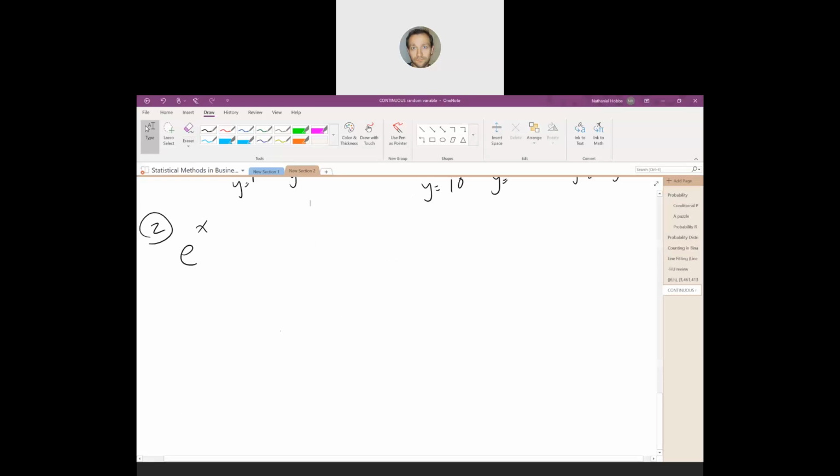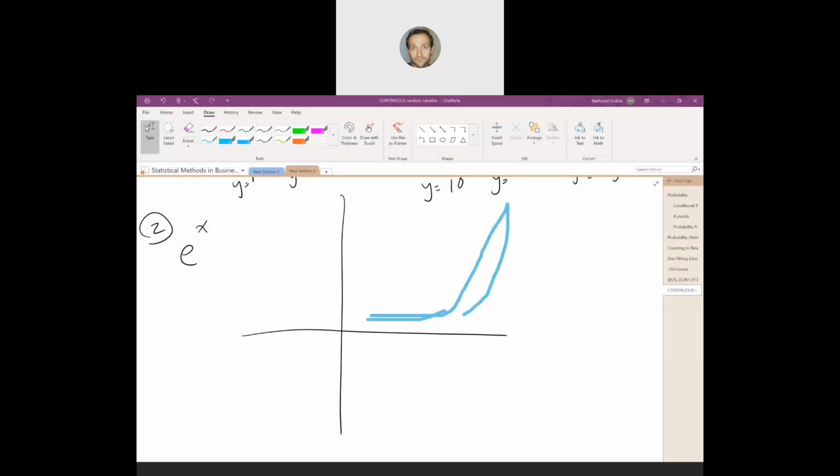e to the x. All right. Big axis there. Big enough? Yeah. I just had to request it again. Okay, I think 10 in blue would be something. Oh, that was messy.